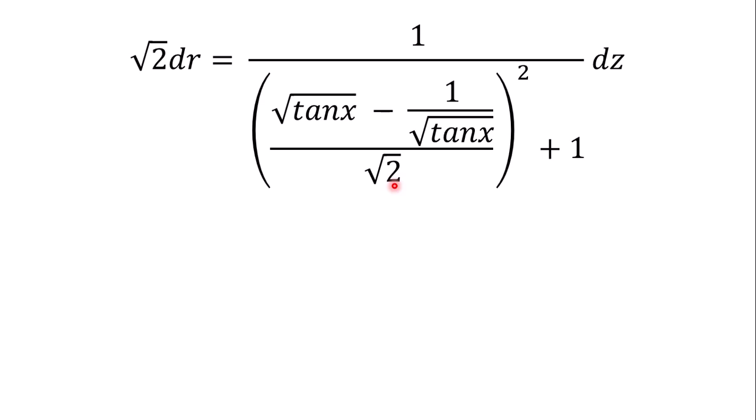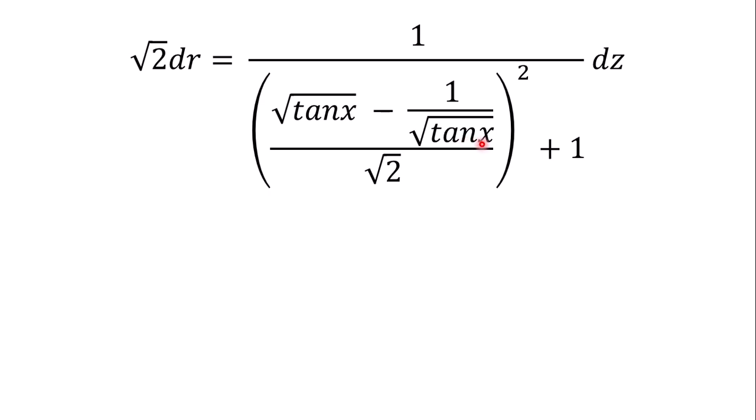Good. Now when you do it like that, you can further rewrite this one by bringing the square roots to multiply, square root of 4 tangent x. And I hope you know why.